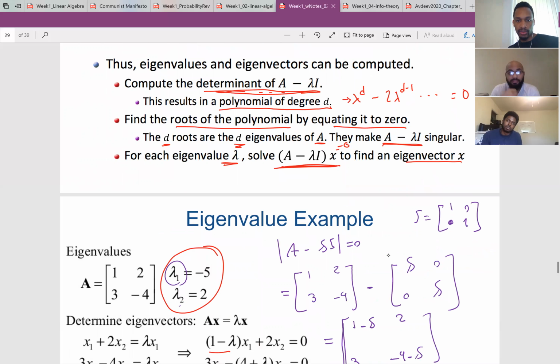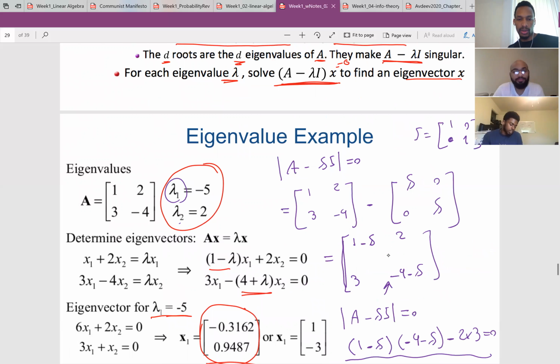Yeah, there should be one eigenvector for each eigenvalue. Does the number of eigenvalues tell you anything about your matrix? Yes, it does.